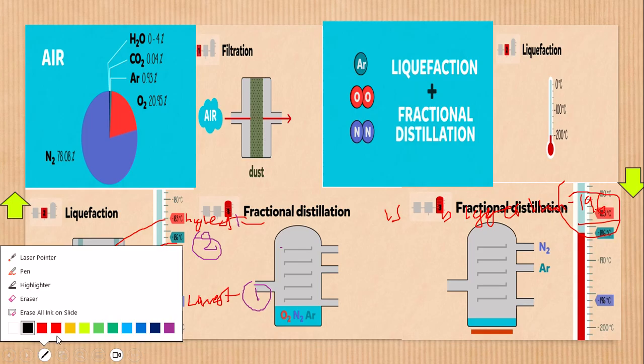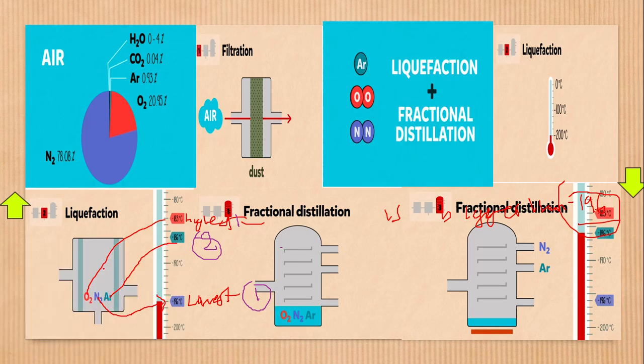In fractional distillation, what you must know is that after cooling and liquefying the air, remember we're having the three liquefied, and the nitrogen is here, argon is here, oxygen is here. In liquefying, we were lowering the temperature, and as you're lowering the temperature at a certain level, you'll have your oxygen there. Then as you continue lowering at a certain level, you'll have your argon there.